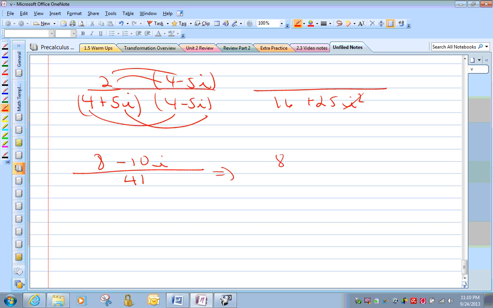So the a would be 8 over 41, minus the bi part, which would be your 10 over 41i. 10 over 41i.